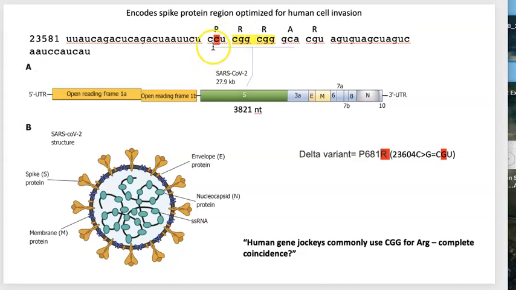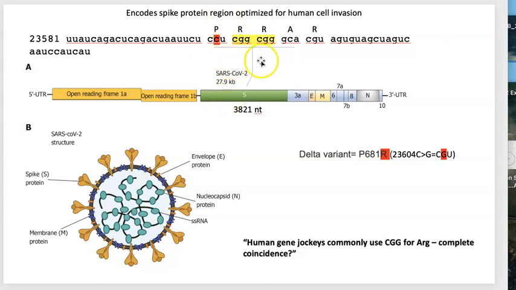And here are the codons: CCU, CGG, CGG, GCA, and CGU. And those encode the amino acids proline, arginine, arginine, alanine, arginine. And so this PRRAR sequence gives SARS-CoV-2 incredible infectivity for human cells.